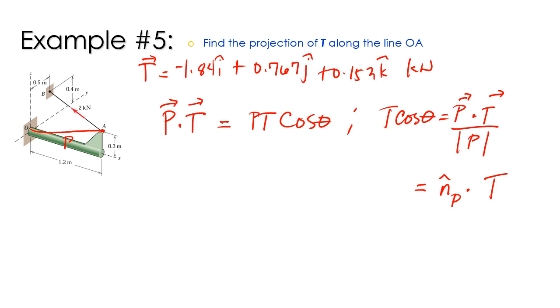Next, we need to find the vector equation for our P. So P is equal to 1.2i plus 0.3k.